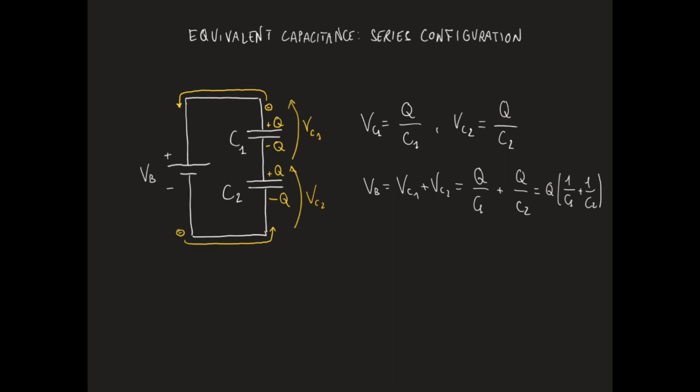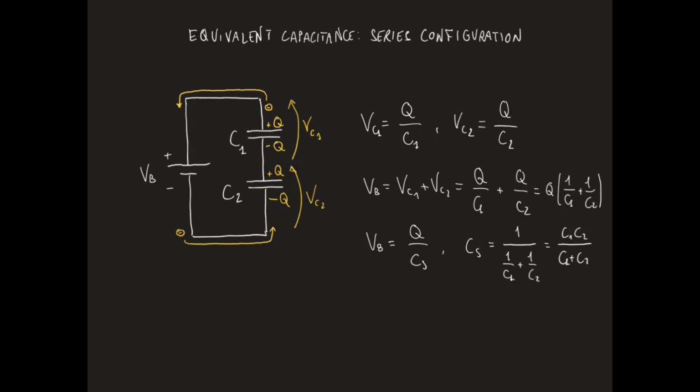We can eventually write VB as Q over CS, where CS is equal to 1 over (1 over C1 plus 1 over C2), or C1 C2 divided by C1 plus C2.